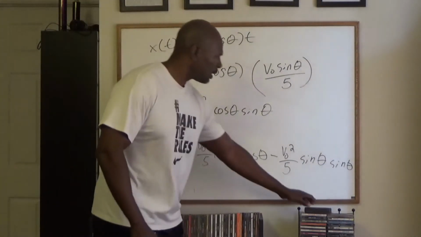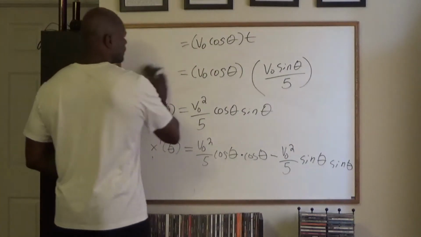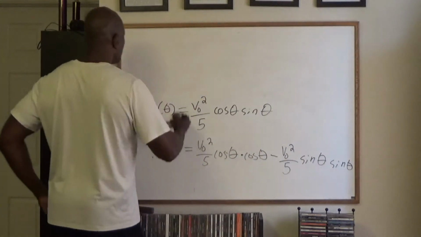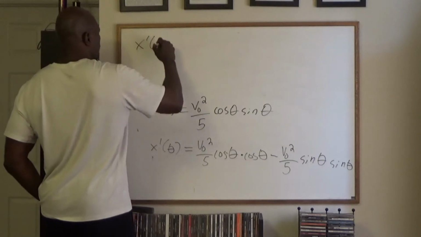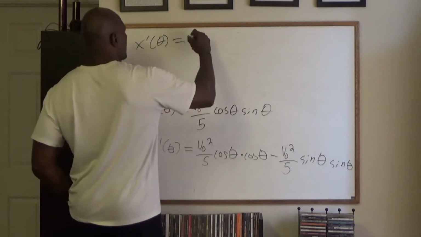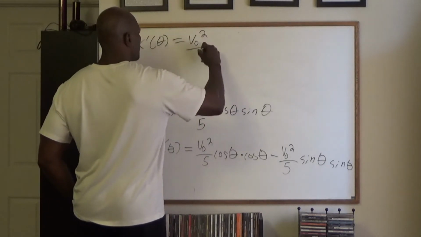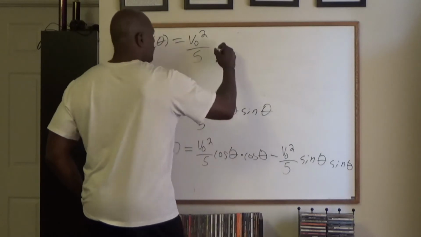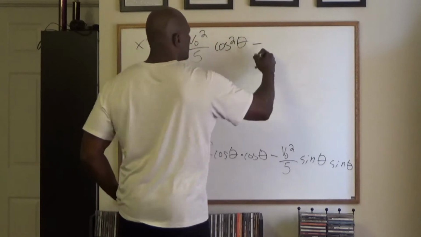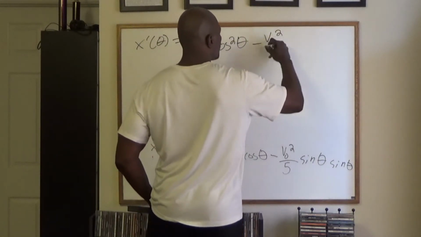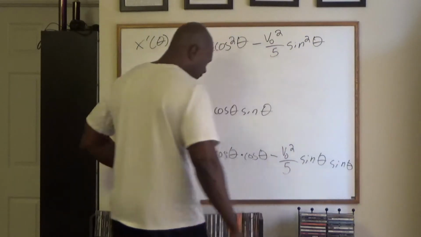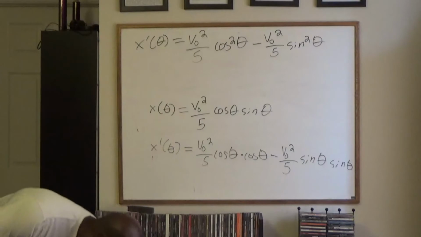So the derivative seems to be, in my humble opinion, v naught squared over 5 cosine squared theta minus v naught squared over 5 sine squared theta.